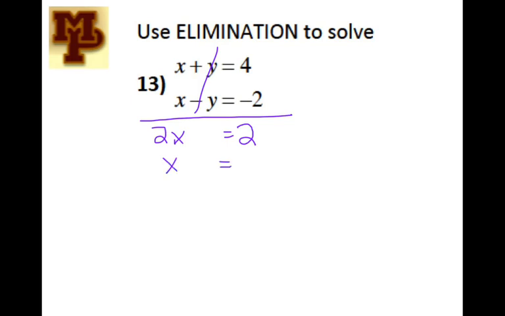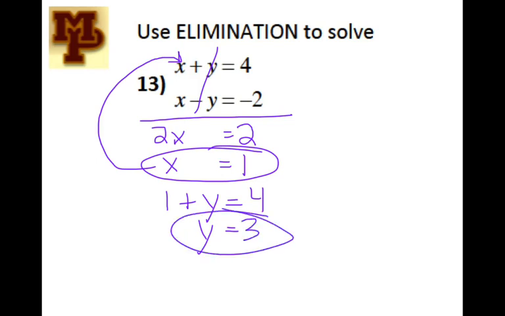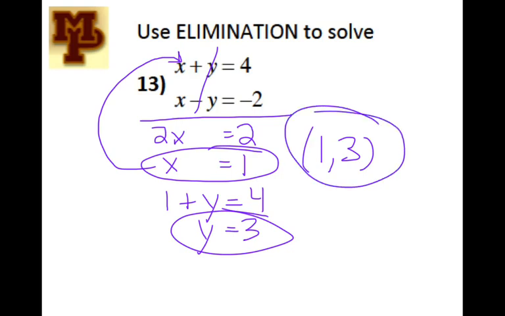And then divide by 2, so we get 1. X is 1, then we just want to go and plug it in to get the y value. So we get 1 plus y equals 4. And then subtract 1, so we get 3. So 1 comma 3, and then of course you can check it, make sure it makes sense, and it does.